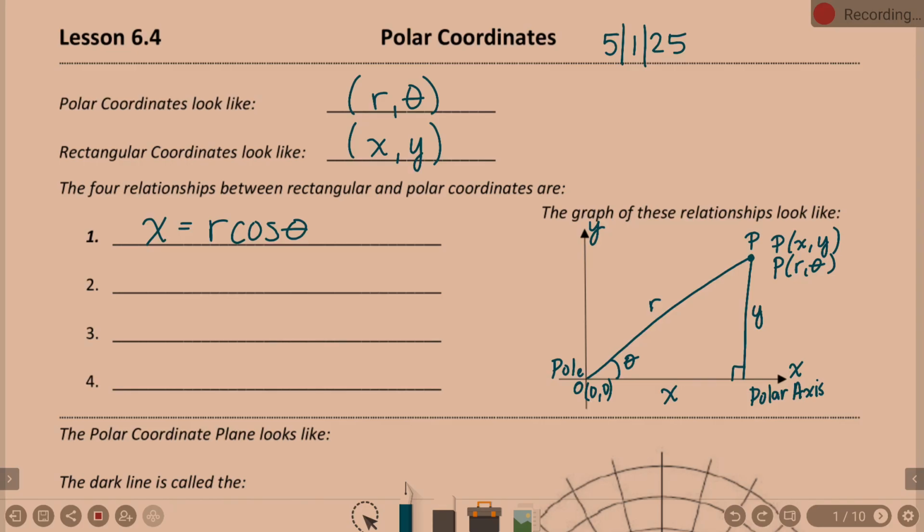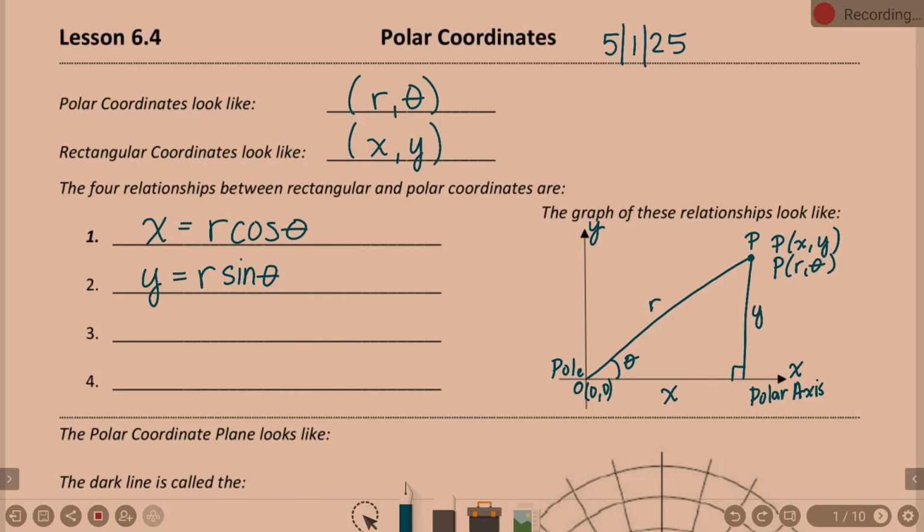What am I going to say about y? y is equal to r times sine of theta. That would be the same thing. If you look at theta, sine is opposite over hypotenuse, so sine would be equal to y over r. And if it's y divided by r, you can multiply that r over, so y equals r sine theta.